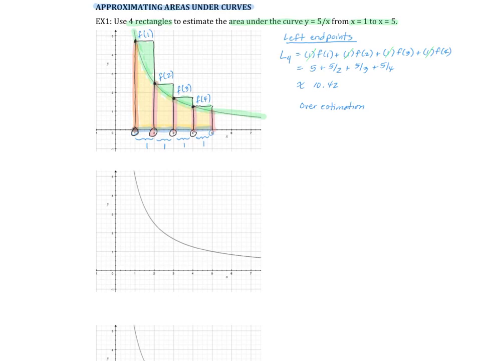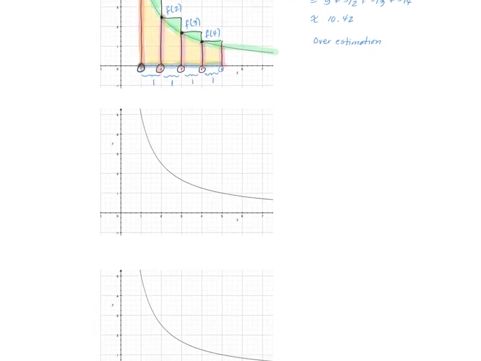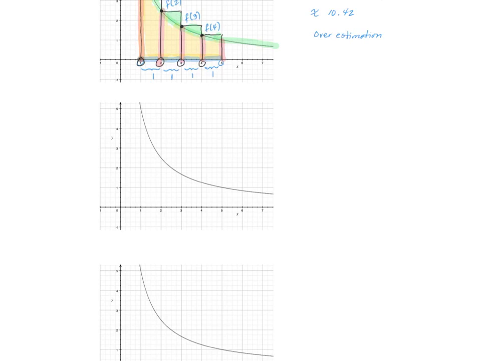So let's do the same thing. Let's go ahead and partition, but this time we're going to partition it using right endpoints. So again, I'm going from 1 to 5, and I'm going to split this up into 4 rectangles.